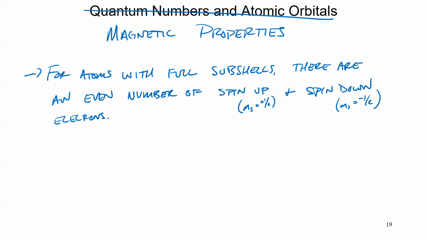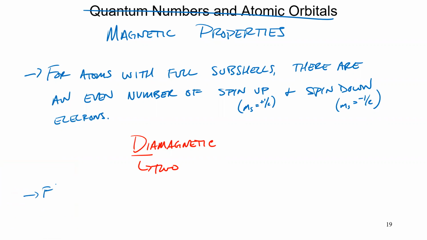And so we say that an atom like helium, where each electron spin is matched or paired up, is diamagnetic. The way I remember this is that di means 2, that's our prefix for 2, and so that means that every spin is paired up.